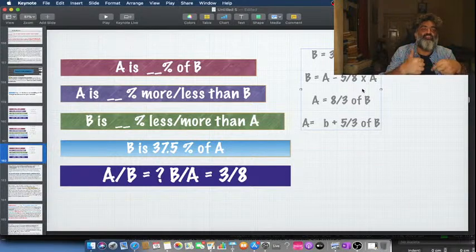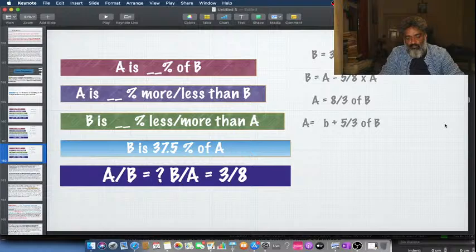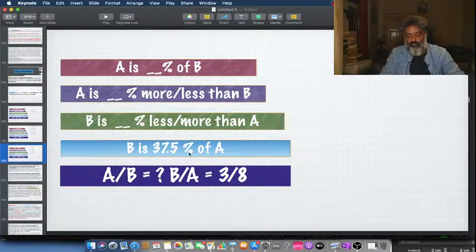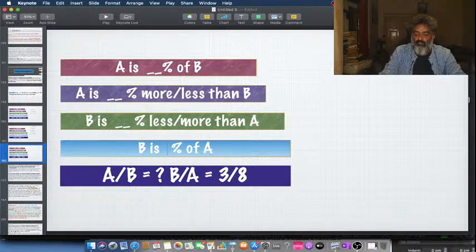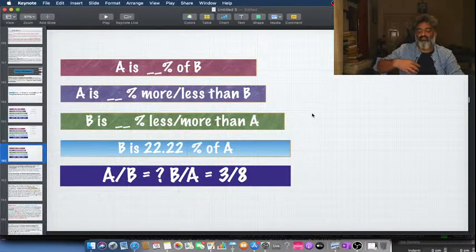And if you have made it so far, then I can improve speed in each step, right? This time I did not write one step. Next time I will not even write all of this, maybe just do it verbally, right? So B is 22.22% of A is the new question.